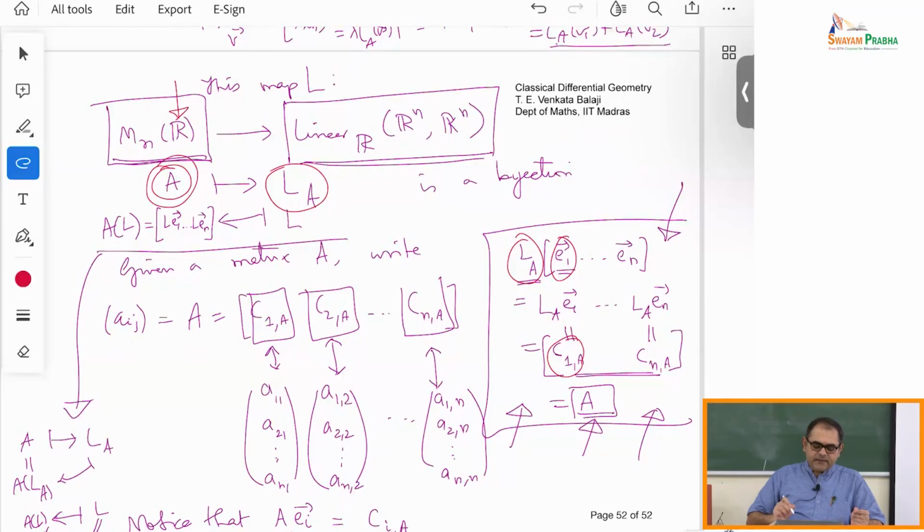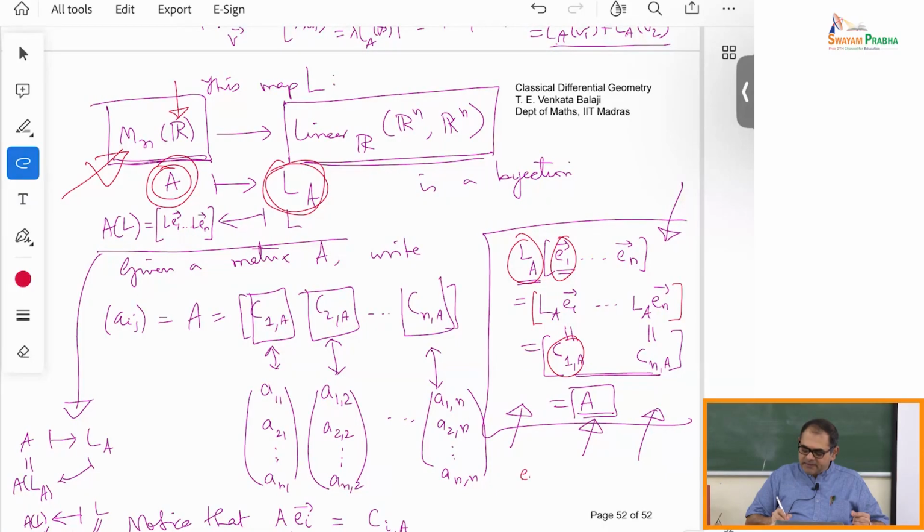So if I start with an A in M_n(R), the set of all n by n square matrices with real entries, then L_A, the linear transformation that it defines, is simply the transformation that takes ei to the ith column of A. And therefore, if you take the jth column, it is the image of the jth standard basis vector.